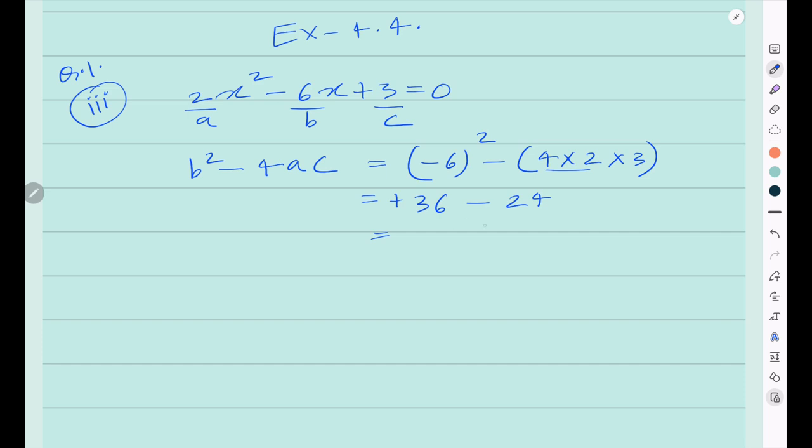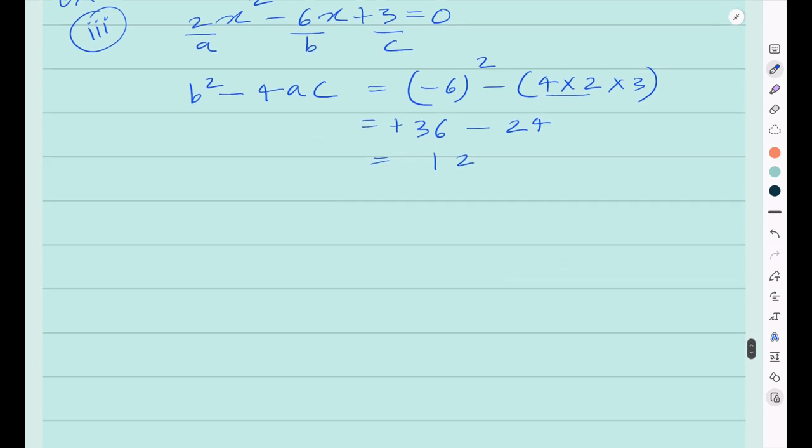So this is how much? 12. So it is 12. No problem, it is a positive number. It means it has a real root. So that is one part of the question. Now we know that it has a real root.